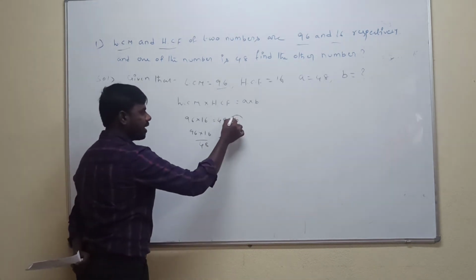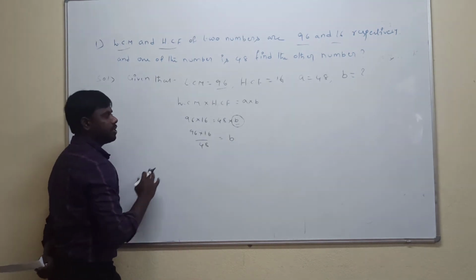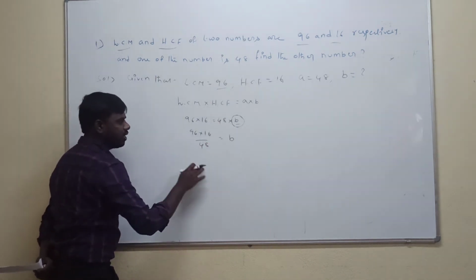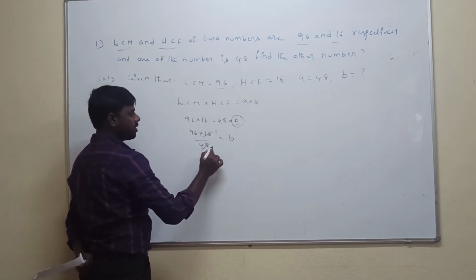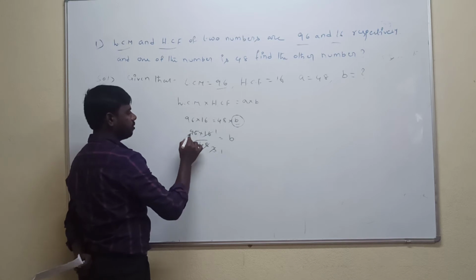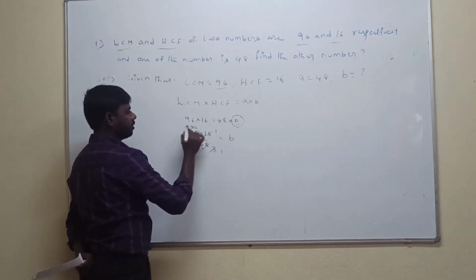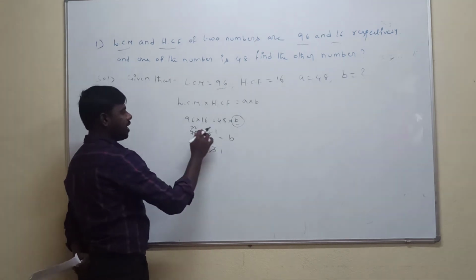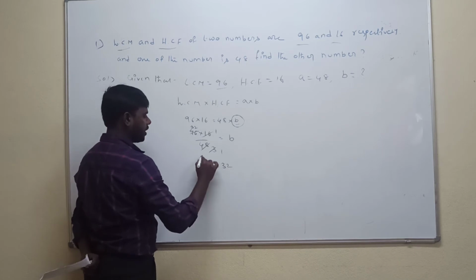We only want to calculate B, that is why 48 is moved. So 16 ones are 16, 16 threes are 48, 3 ones are 3, 3 twos are 6. So now the B value is 32. The conclusion is B is equal to 32.